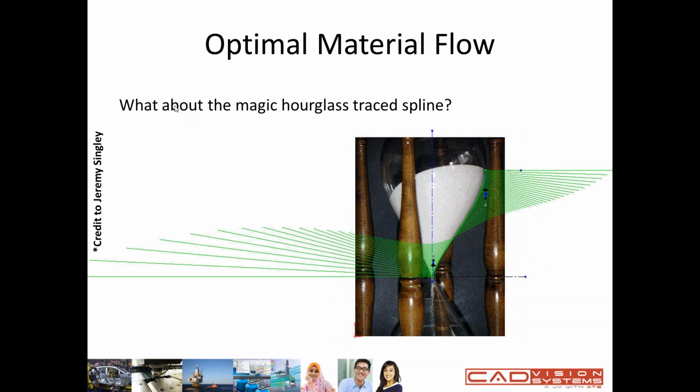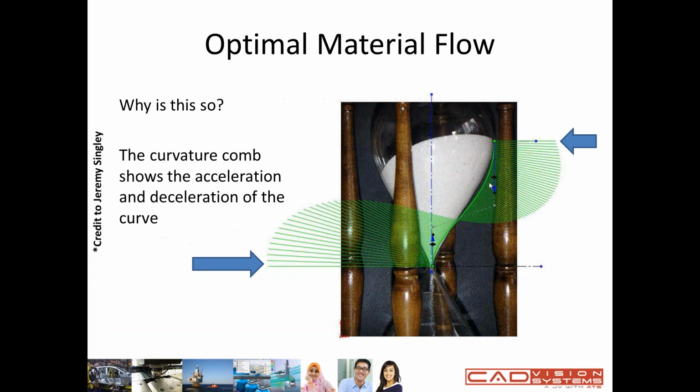So what about the magic hourglass trace spline? If we trace the magical hourglass, this is the spline. The shape is of course almost the same as the ordinary hourglass. We just put it on the same figure.